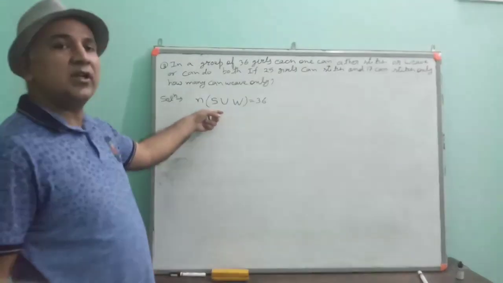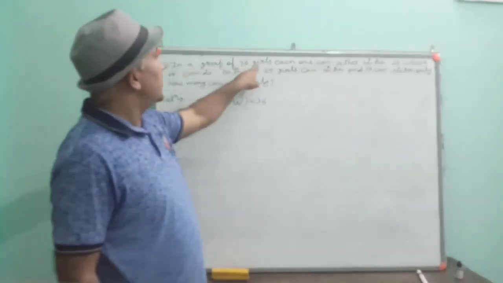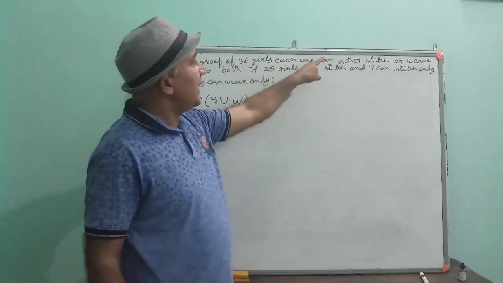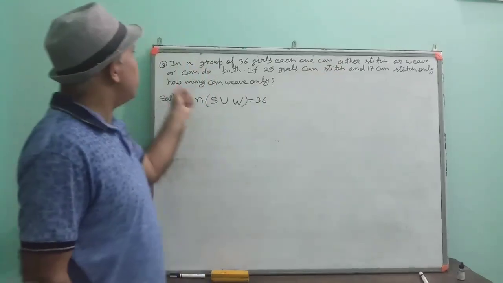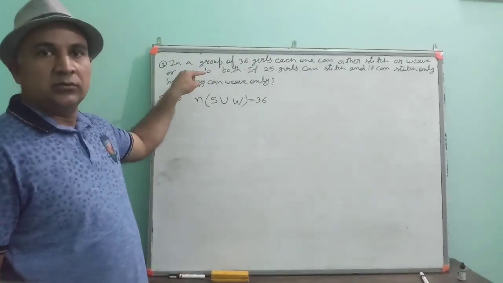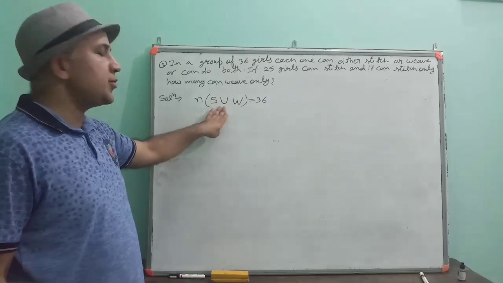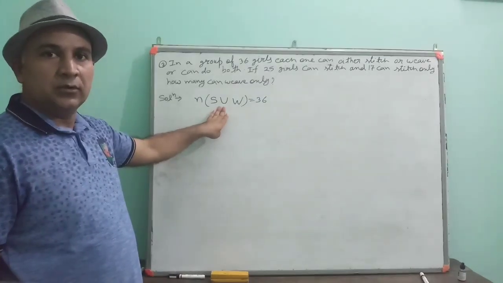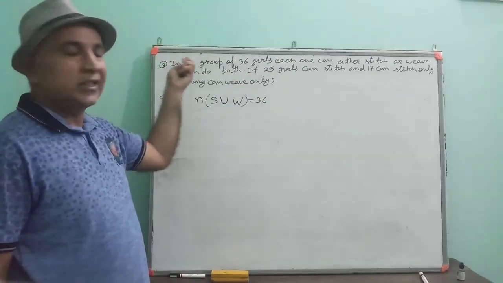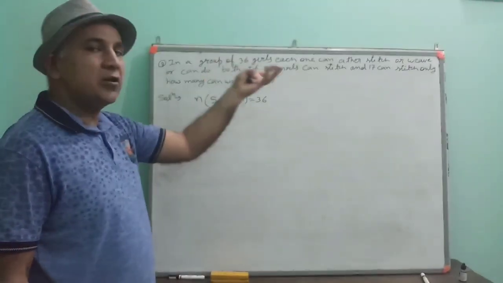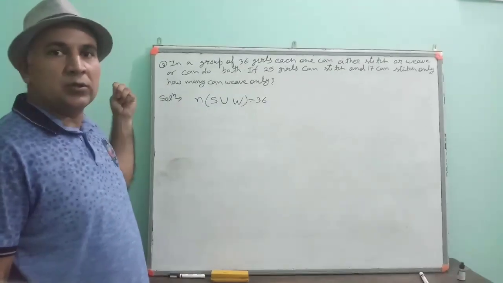This point you have to understand. 36 girls can either stitch or weave or both, so that symbol will be union, because union means the collection of all: stitching also, weaving also and both also.